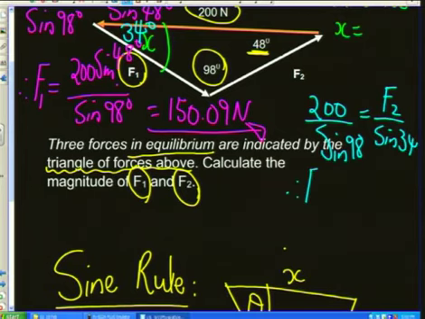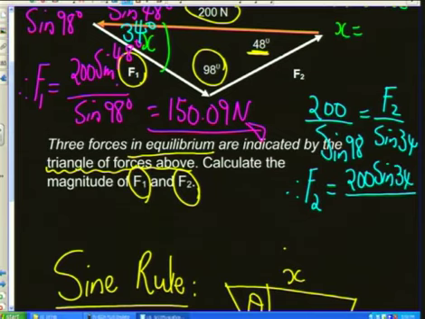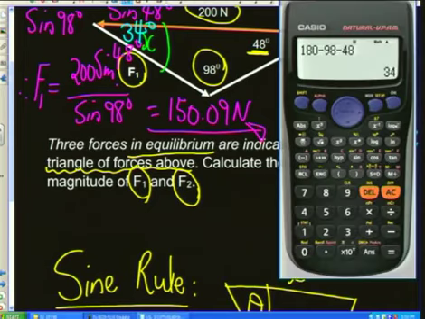Therefore, my F2 is equal to 200 sine 34 divided by sine 98 degrees, of course. Okay, so I need to keep that written like that. So that will be equal to, you work that out. All right, you work that out, you'll get the answer.